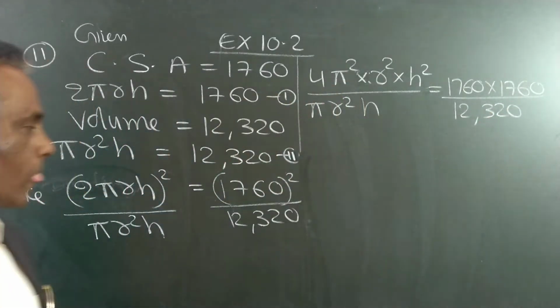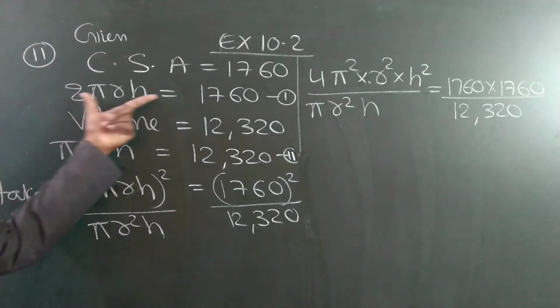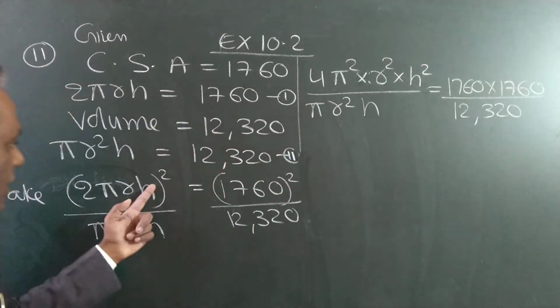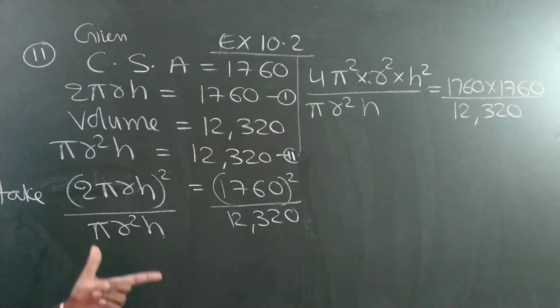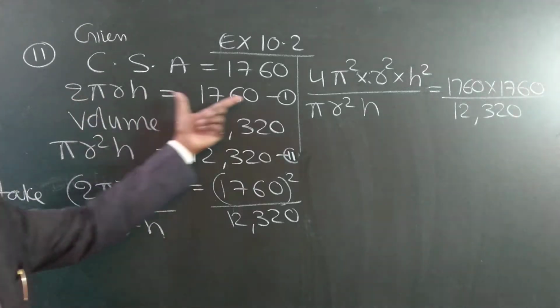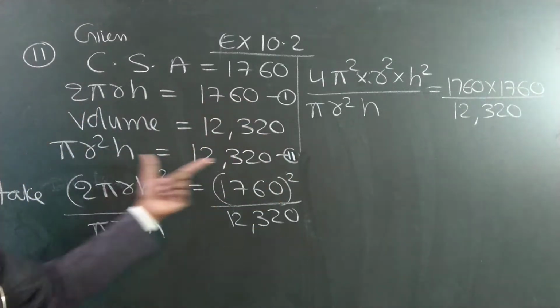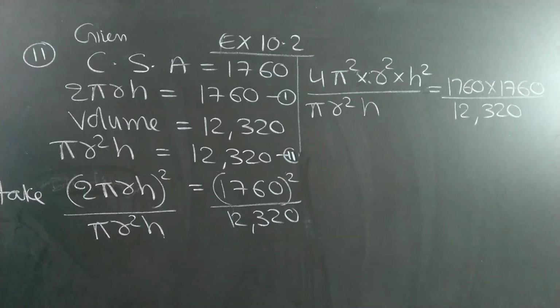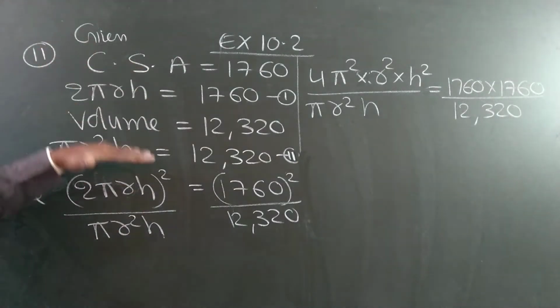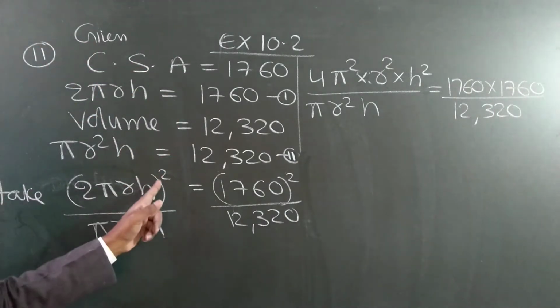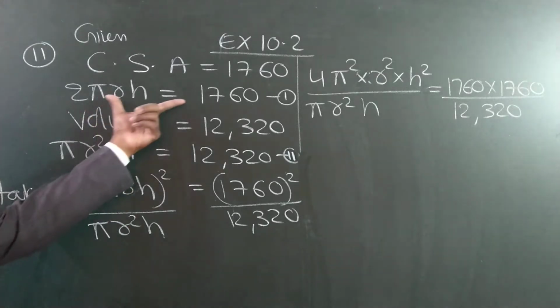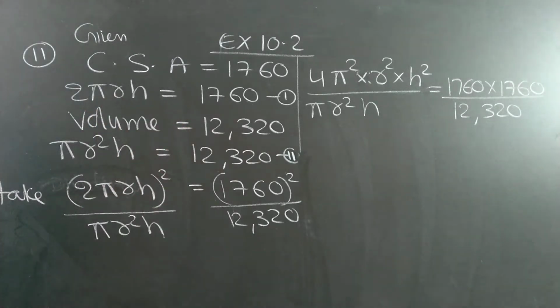See here, take the first equation, squaring it on both sides. You can write one more step, or directly take the squaring on both sides, divided by the second equation. Not as it is, putting the square only for this one, not for this. Why am I squaring? Because directly I will get the h value.